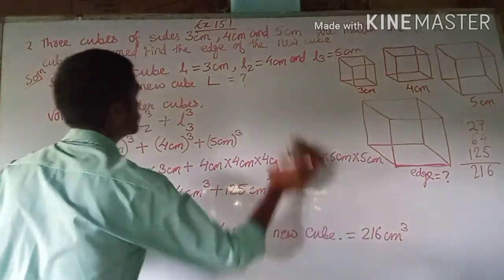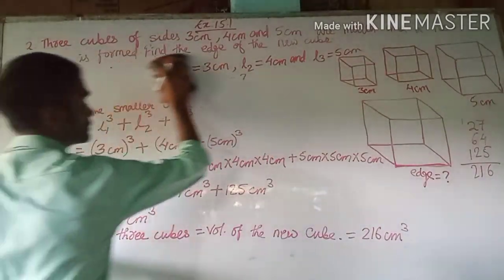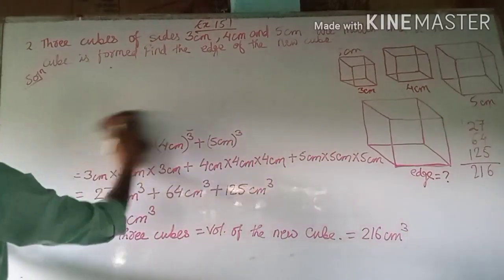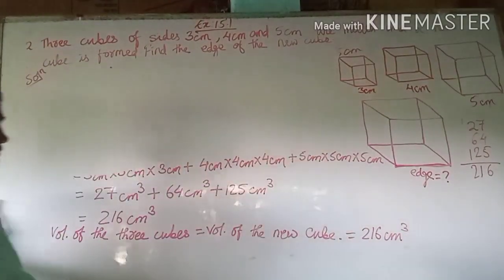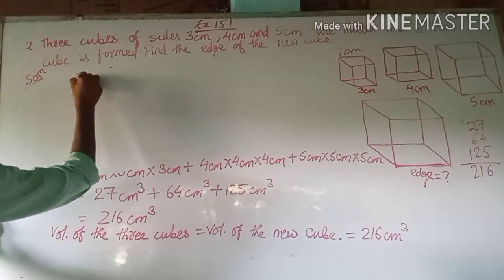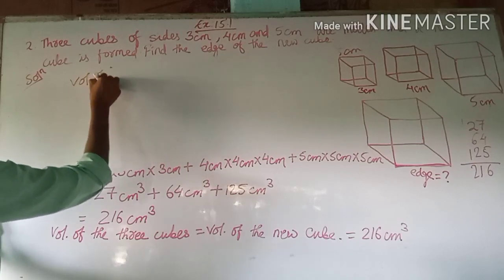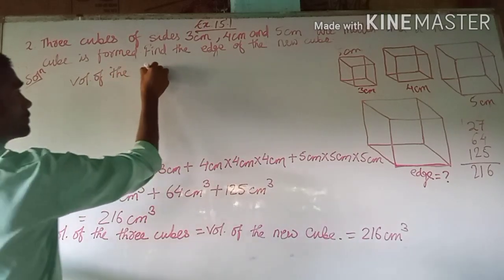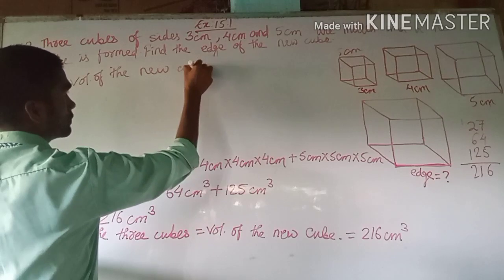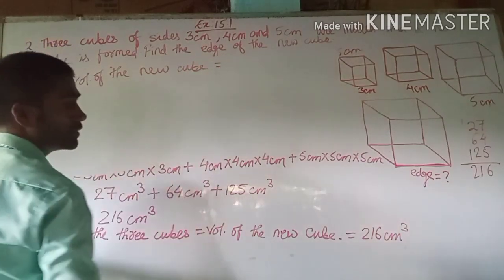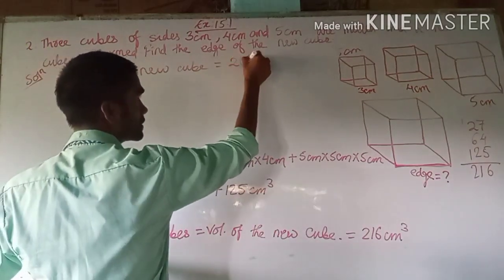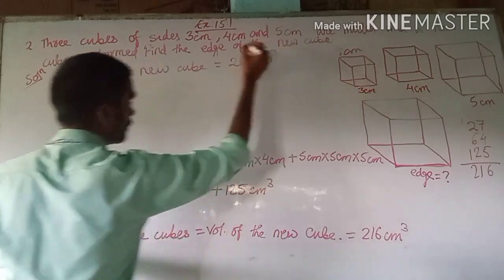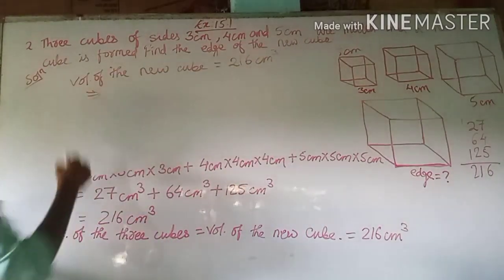So the volume of the new cube is equal to 216 centimeter cube. Now for volume we will place the formula.